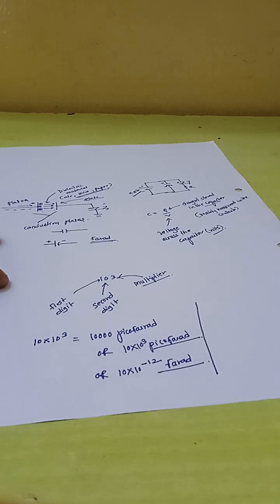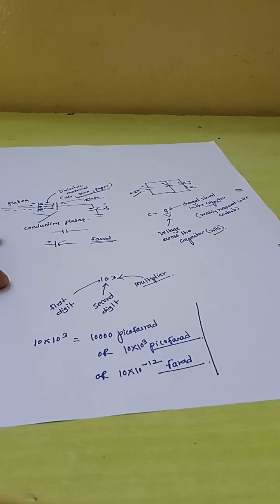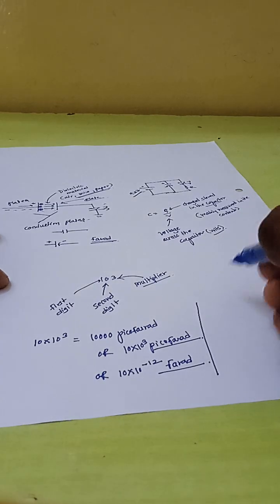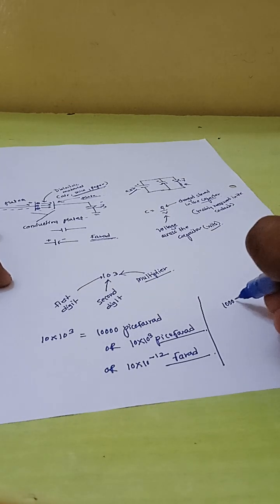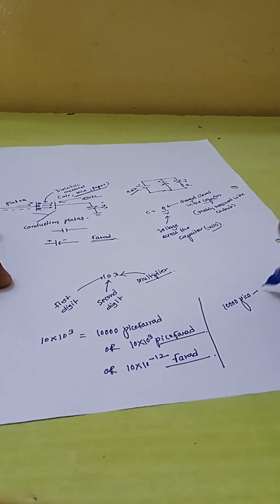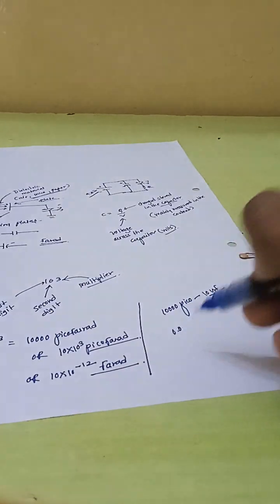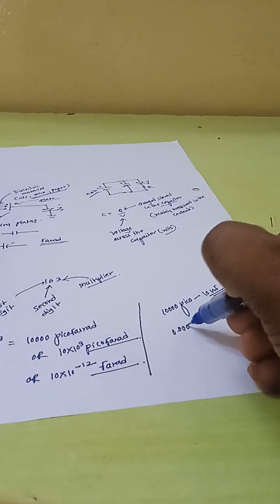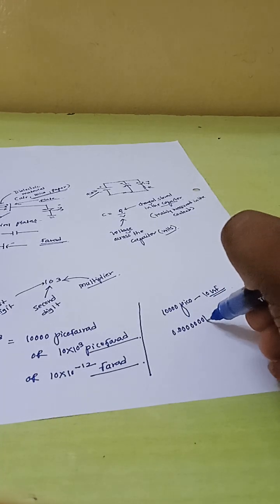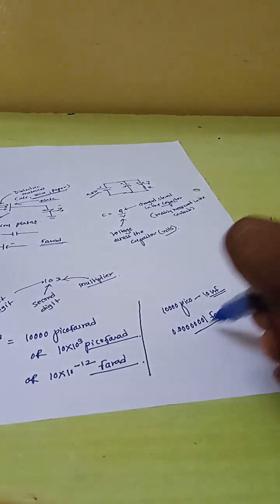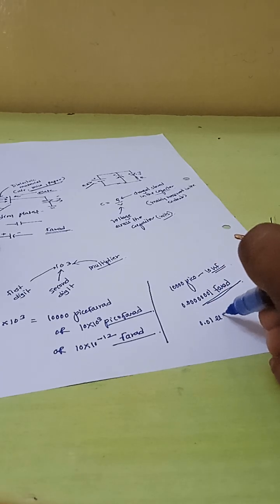It looks like if it is 10,000 picofarad, then it is 10 nanofarad, and we can write it as 0.000000001 farad, or simply we can calculate it as 0.01 microfarad.